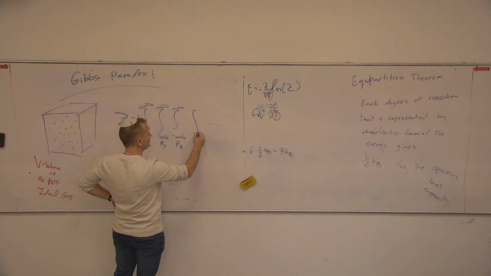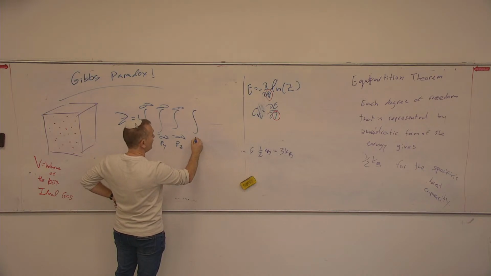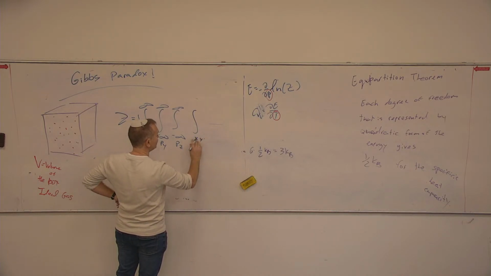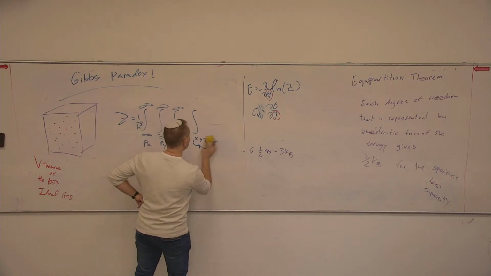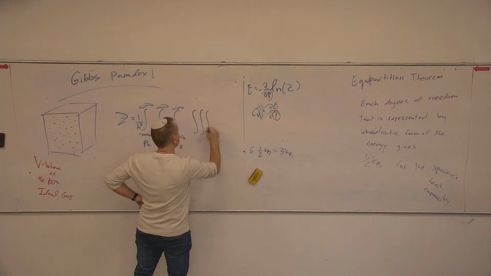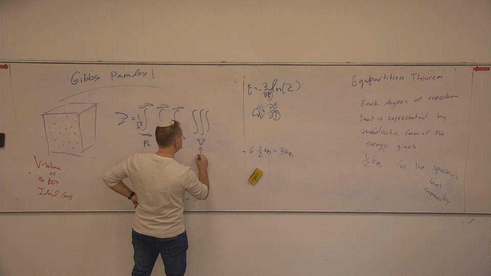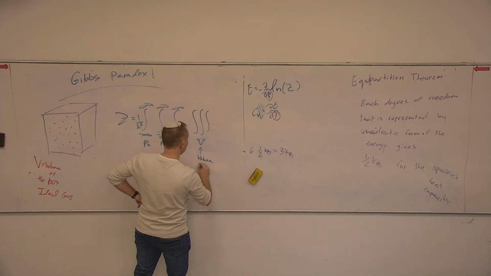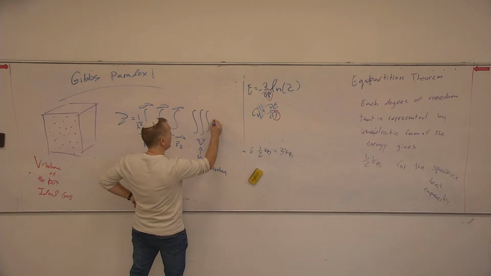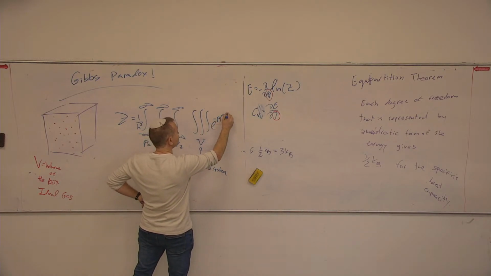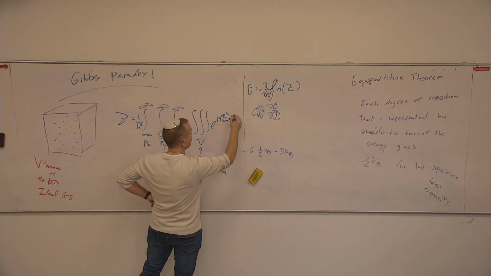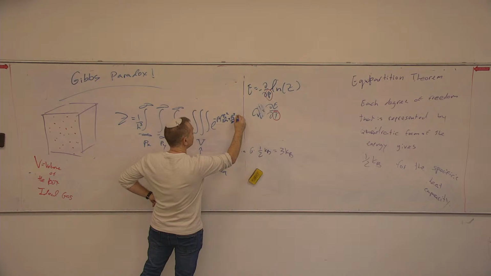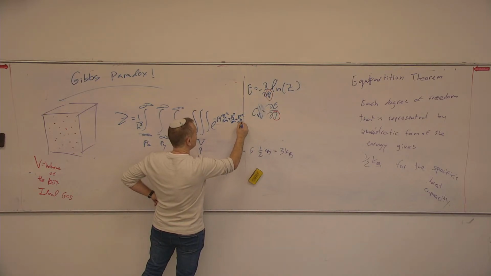And we have an integration over x, y, z, over the volume of the system. And here we have e to the minus beta times px squared divided by 2m, plus py squared divided by 2m, plus pz squared divided by 2m.